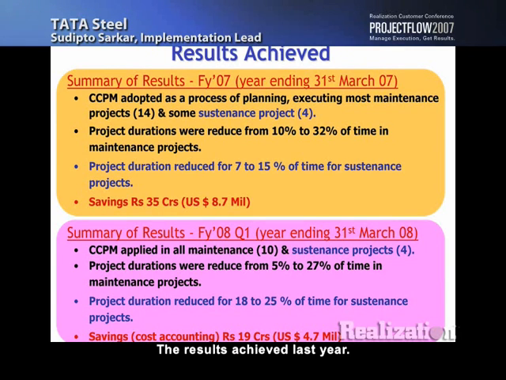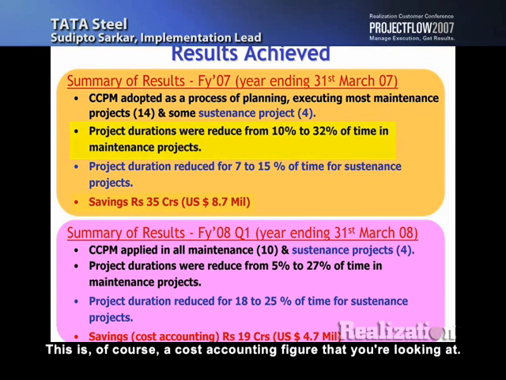The results achieved last year, this is our financial year, we do it from April to March. Last year, we applied it in 14 maintenance projects and 4 sustenance projects. We got anything between 10 to 32% reduced durations.